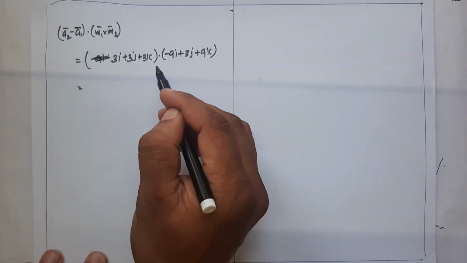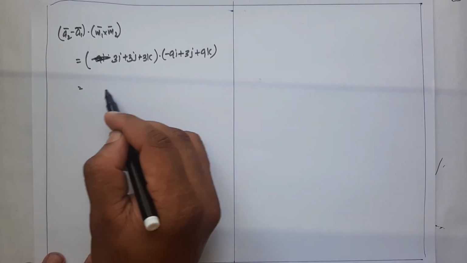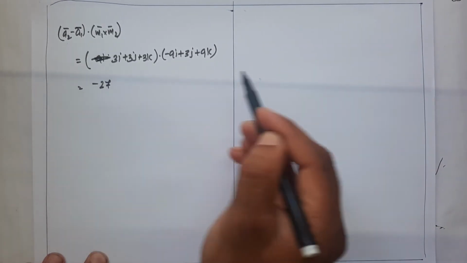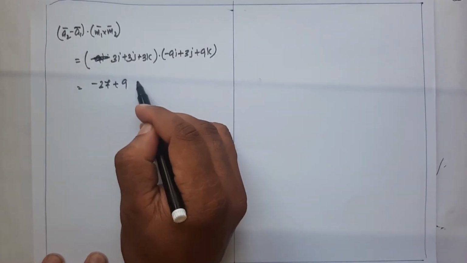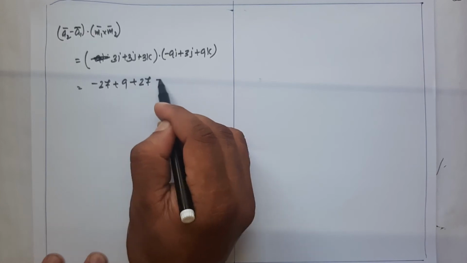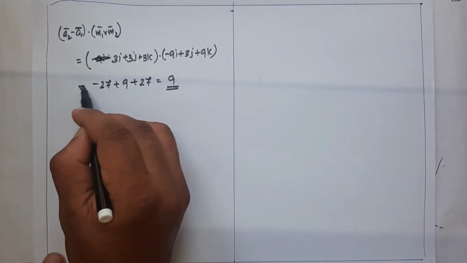Now you take the dot product, we get minus 27 plus 9 plus 27 is equal to 9.